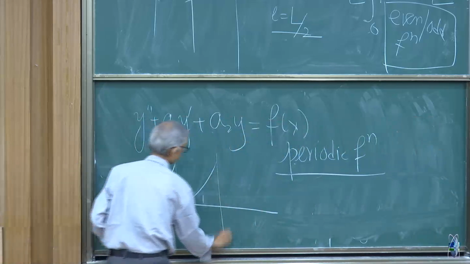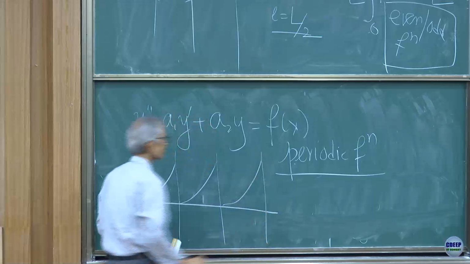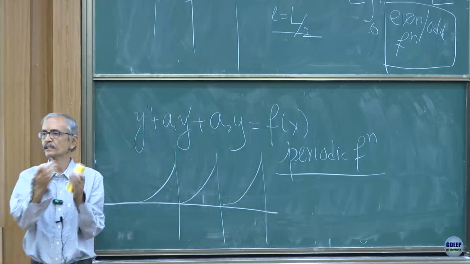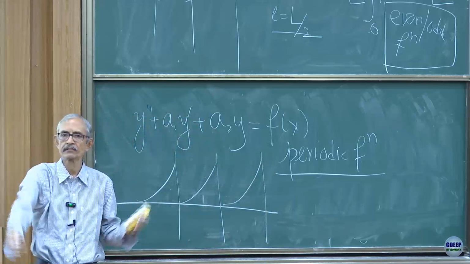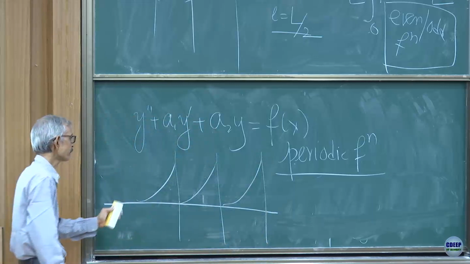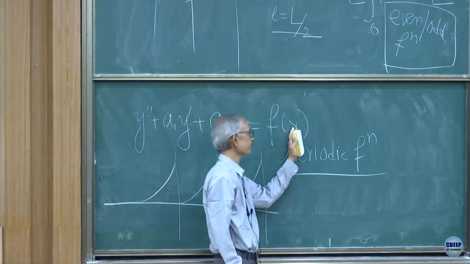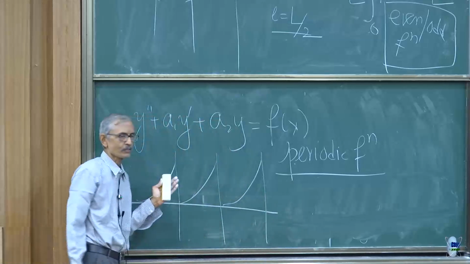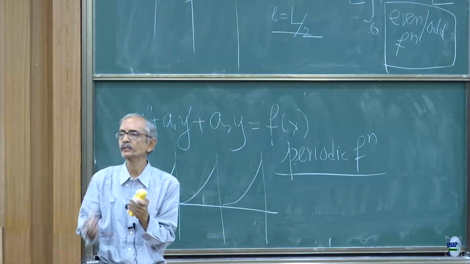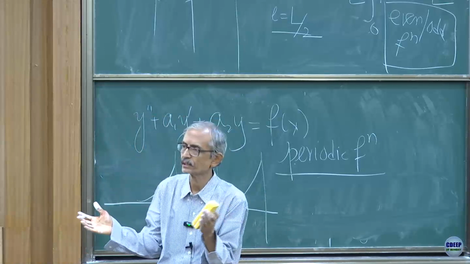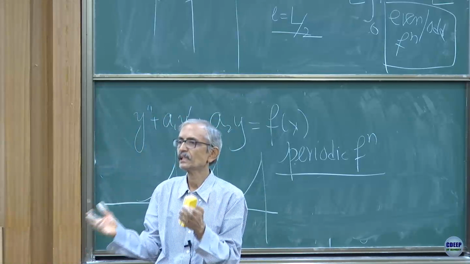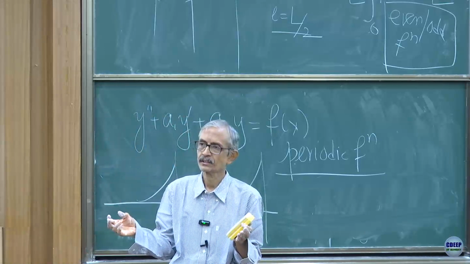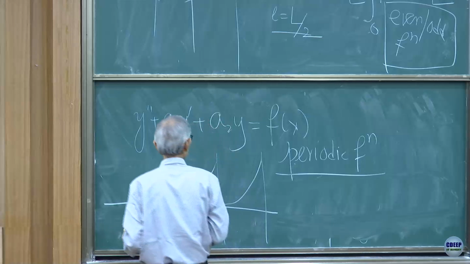Let us say, suppose I give you this and say that now this is repeating ad infinitum. One way of solving it is to say that I'm going to have an infinite number of Heaviside functions, a large number of Heaviside functions. That's one way of looking at it.